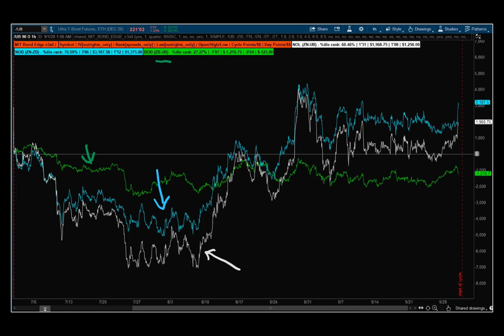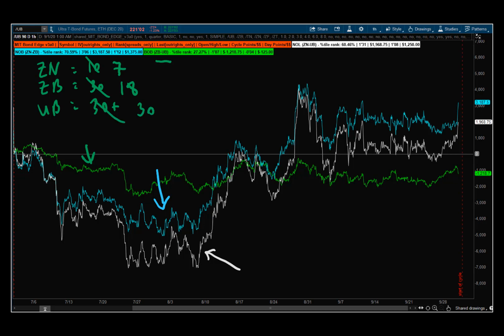So if we look at ZN, ZB, and UB, this is the 10-year future contract, the 30-year, and the Ultra 30-year plus. What these really are, though, is closer to a 7-year, this is closer to an 18-year, and this is a 30-year.